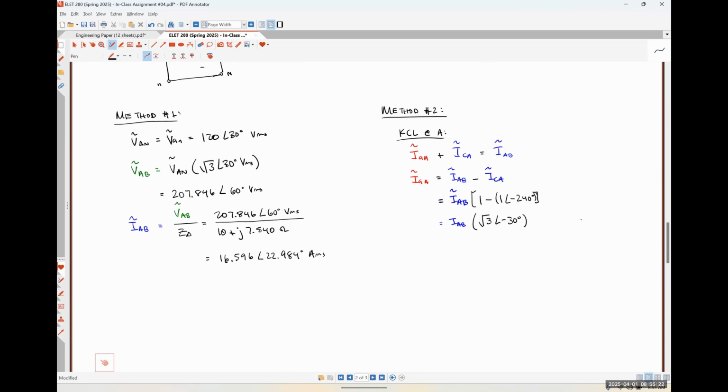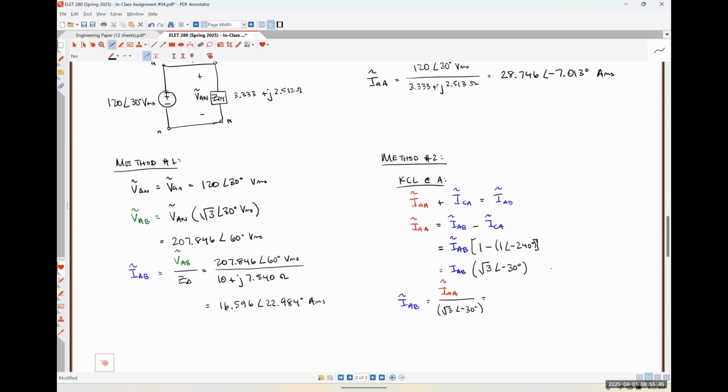And then rearranging this, we could then say that I_AB is just going to be equal to I_aA divided by root 3 angle negative 30 degrees, where I_aA was found up here.